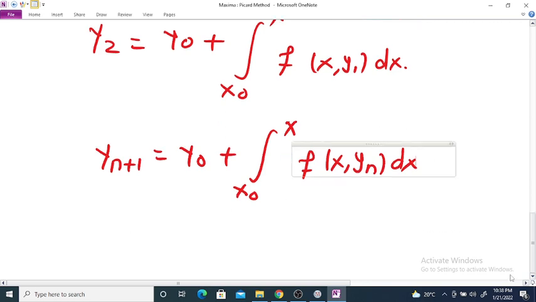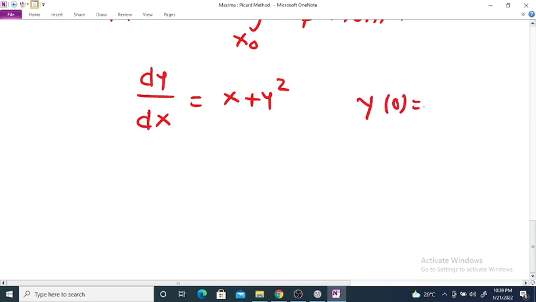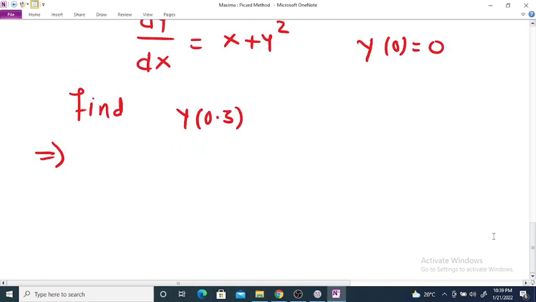For example, suppose we want to find the solution of dy by dx equal to x plus y square with initial condition y of 0 equal to 0, and find y of 0.3. So here, this is the ordinary differential equation with x0 equal to 0 and y0 equal to 0, and we want to determine y of 0.3.